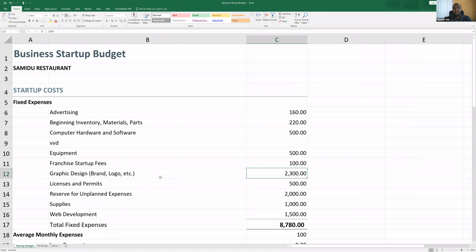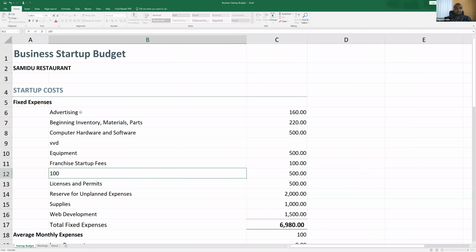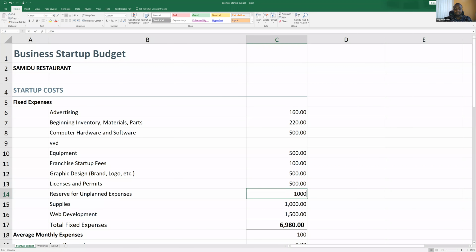Graphic design, brand and logo, we can put 500. Licenses and permit, we can put 500 again. Reserve for unplanned expenses, we can put 1,000 shillings. Suppliers, we can put maybe 1,000 again.